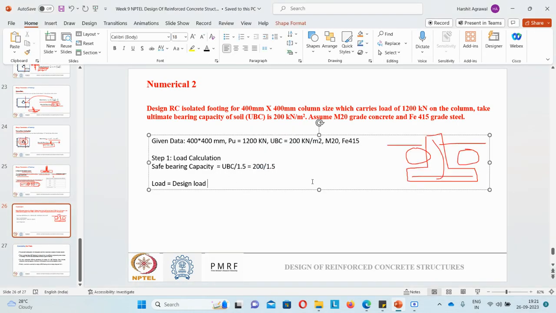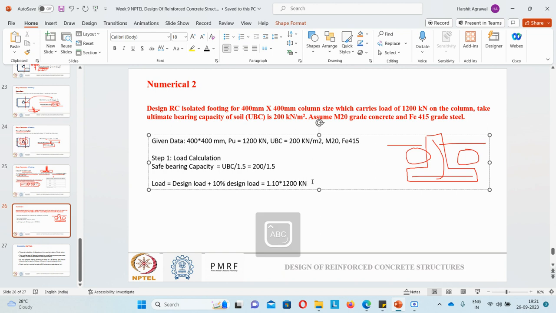So how do we take that? By considering 10% of the design load that is given to us. So I assume 10% of the design load as my weight of footing and backfill. Okay, this is as per IS 456, so it will come out to be 1.10 times 1200 kilonewton.